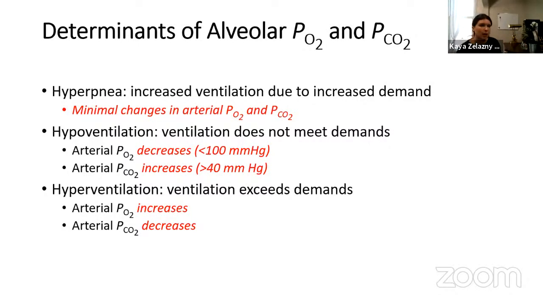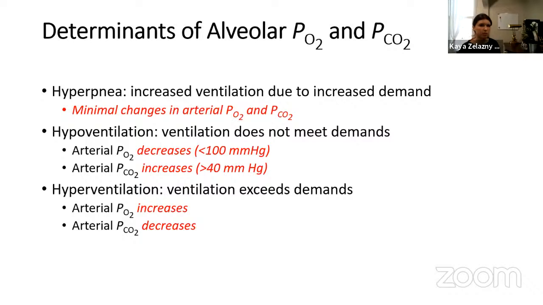So when we're talking about our ventilation and our alveolar partial pressures of these gases, we're often interested in whether our ventilation, so the amount of air we're breathing in, and specifically the amount of fresh oxygenated air reaching those alveoli, is enough for your tissues to get everything they need, to get enough oxygen to do their job, and to be able to effectively get rid of their waste product, carbon dioxide.